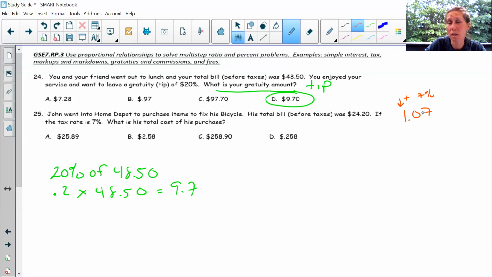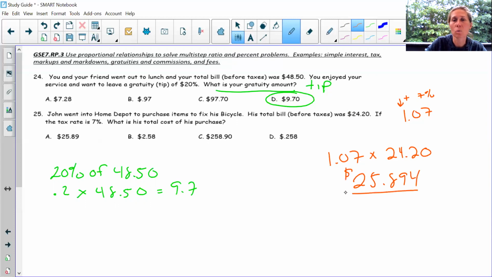It's going to give you the same exact thing. So I can say 1.07 times 24.20. We learned this a couple of days ago. So 1.07 times 24.20 gives me 25.894. Well, how much money is that going to be?